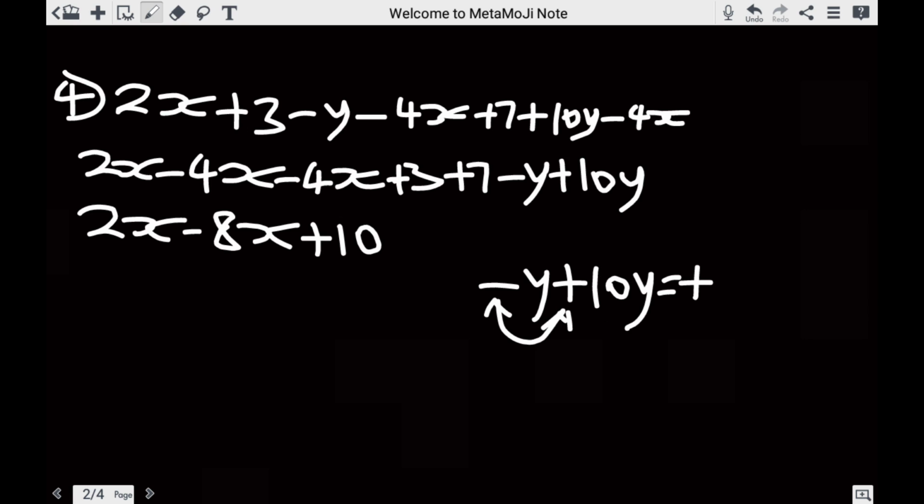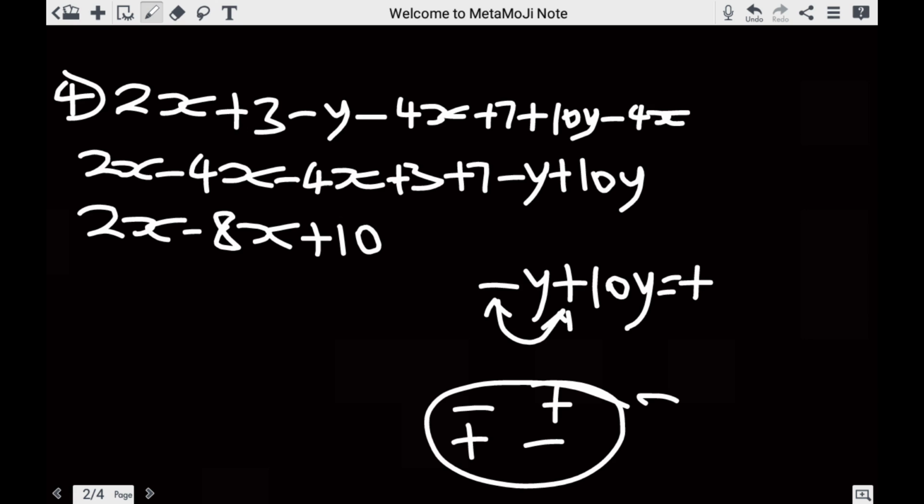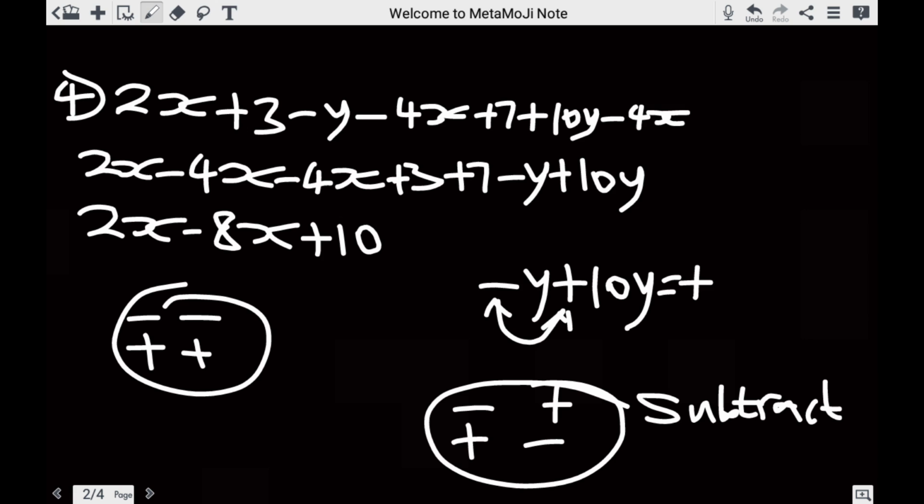Then you want to subtract. If the signs are not the same, like minus and plus, or plus and minus, you will subtract. But if the signs are the same, like minus and minus, or plus and plus, you will add. So you want to keep everything here in mind: if the signs are the same, you will add.